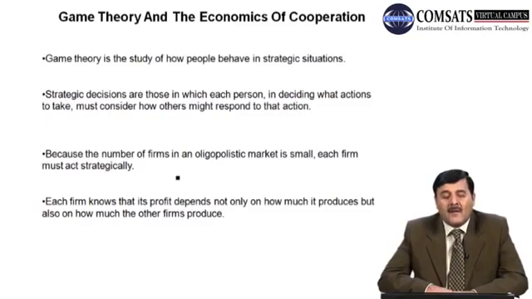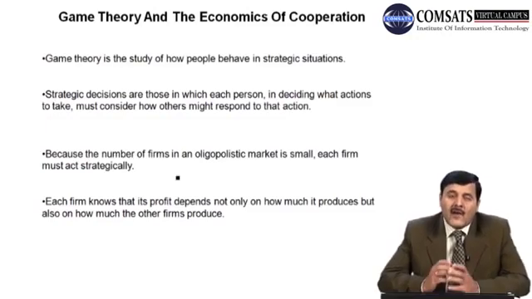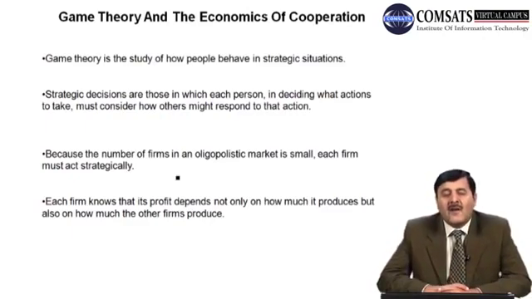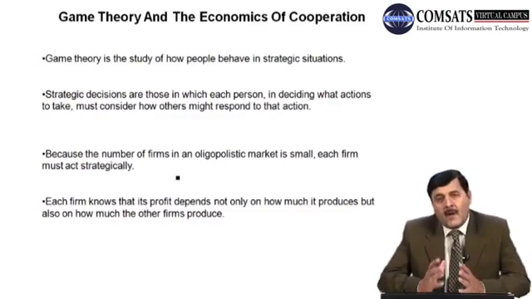Basically these are the decisions in which each person, in deciding what action to take, must consider how others might respond to that action. तो स्ट्रेटेजिक एक्शन आर दोज एक्शन इन विच जब कोई फर्म एक डिसीजन करती है तो वो हमेशा जहन में रखेगी या कंसीडर करेगी इस बात को कि हाउ द अदर फर्म्स आर गोइंग टू रिएक्ट और हाउ द अदर फर्म्स आर गोइंग टू मेक डिसीजन. So that sort of decisions are known as the strategic decisions of the firm. So game theory basically studies how people behave in these strategic situations.